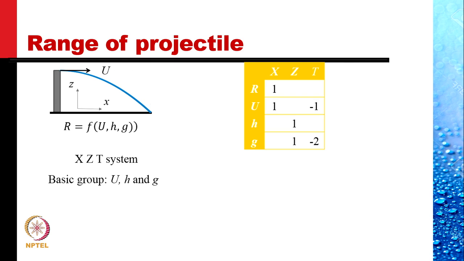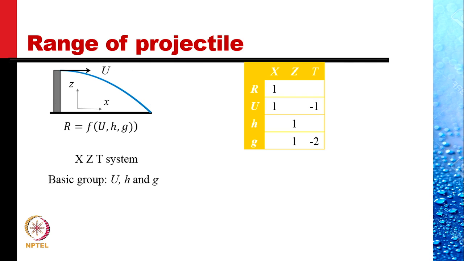The velocity is in X direction, so it is X T minus 1, and H is in Z direction, and g is in vertical direction. So it should have a dimension of Z divided by T square, or Z T raised to power minus 2.